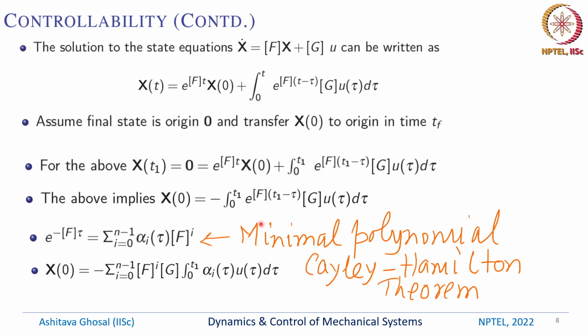All we are doing is writing e to the power minus F tau in this polynomial form and substituting it here. So we are left with the sum of F to the power i G, which we can take outside, and then the integral 0 to t1 of alpha i of tau u of tau d tau. You can see that all we are doing is simply substituting this into this equation.